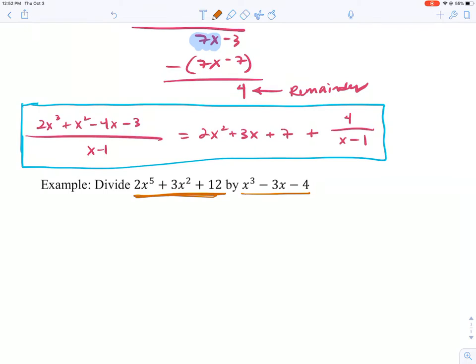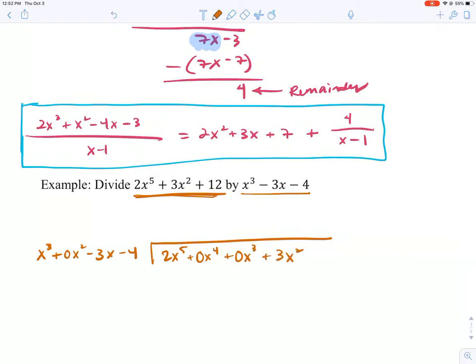So I'm going to use placeholders just so I don't make any mistakes. Okay, so all the terms that have a coefficient of 0, they're just placeholders.